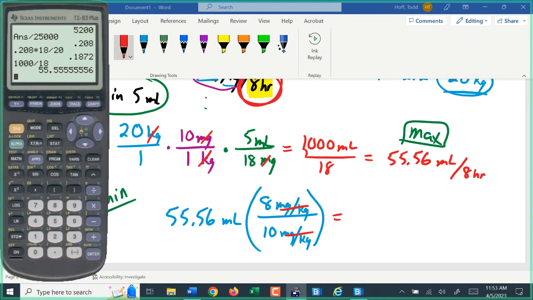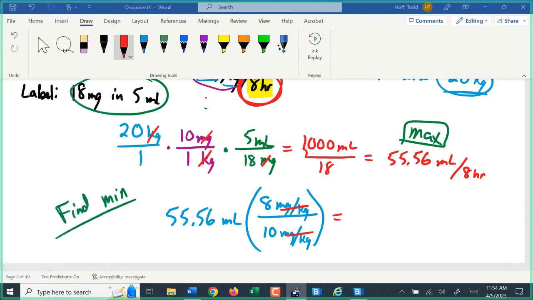One thing that's a good practice to get into in calculating is keeping numbers in the calculator, because every time you write a number down and type it back in, there's a chance that you're rounding that number off. Here's a prime example. There was no way to write this down and type it back into the calculator without having to round it off at some point. So we take our 55.56 times 8 divided by 10, and we get 44.44.